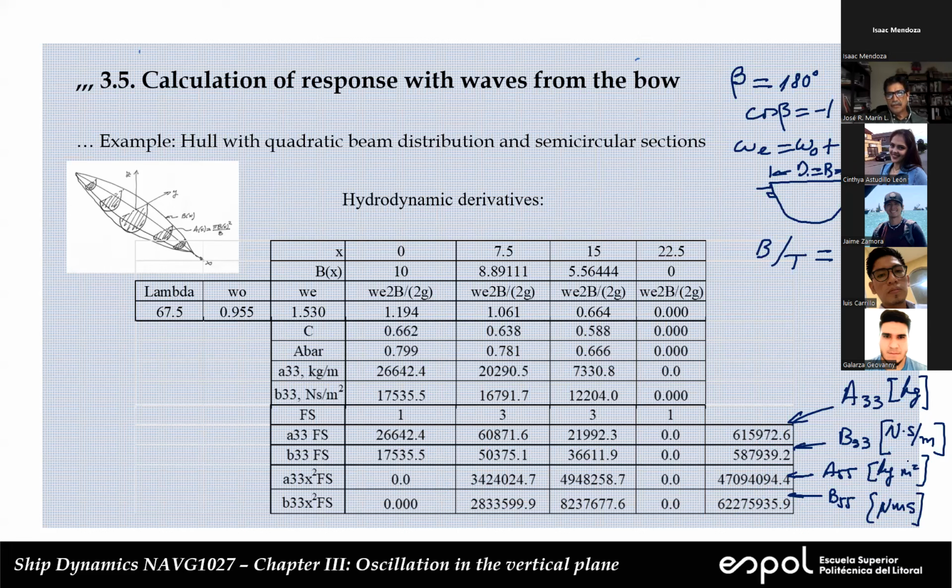You multiply this by acceleration and you should get newton meters. You multiply this by velocity, and you get newton meters. See, units are very, very important.